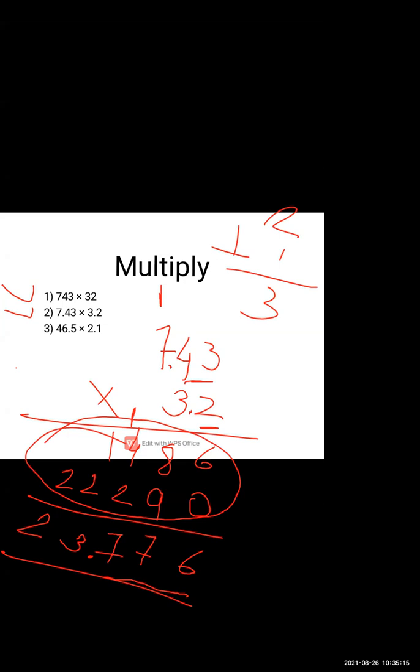There is no change in anything. But you have to give the decimal point after 3 numbers. How after 3 numbers? Here is after 2 numbers a decimal point, and here is after 1 number a decimal point. So it means total after 3 numbers we have to give a decimal point.